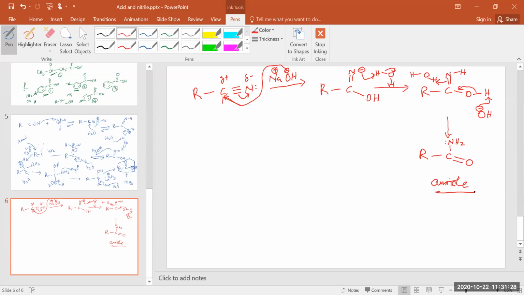Okay, amide intermediate. So here again, because the reaction is in basic condition, OH minus from NaOH will react again. Okay.